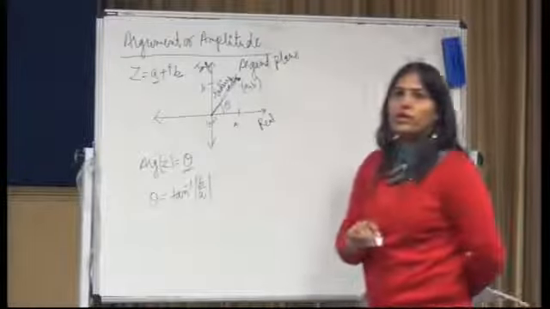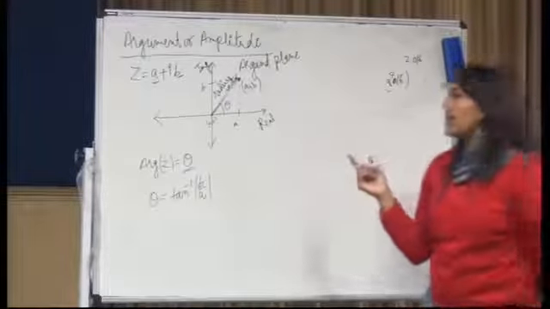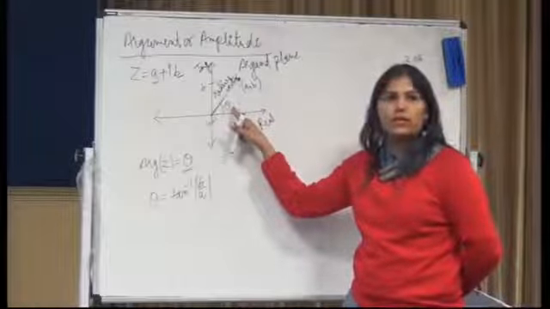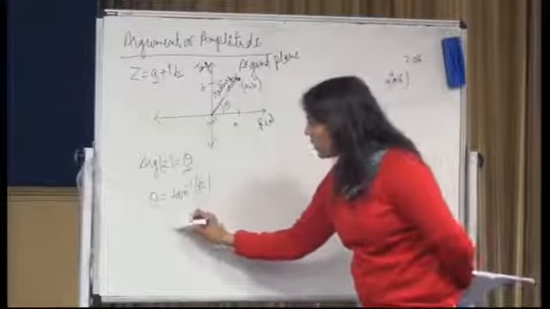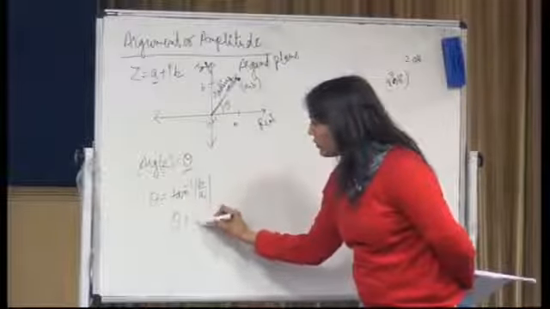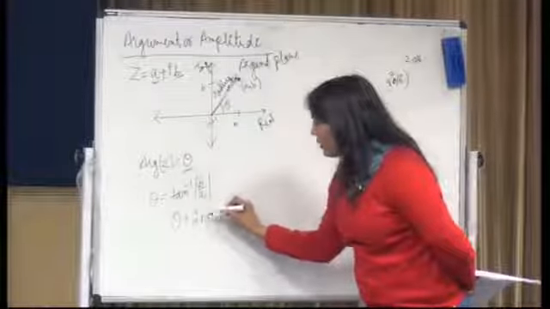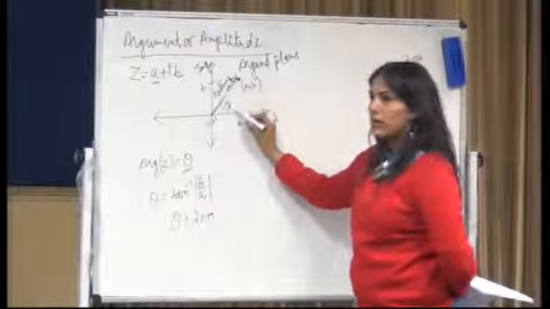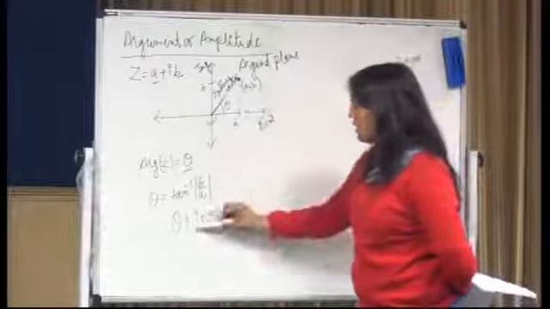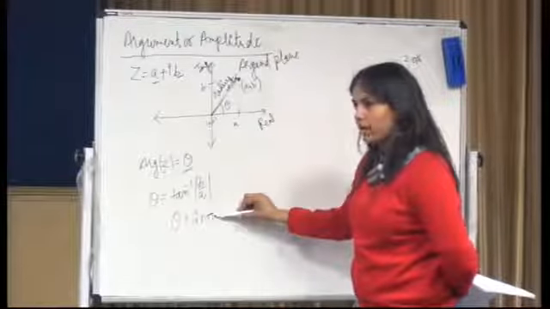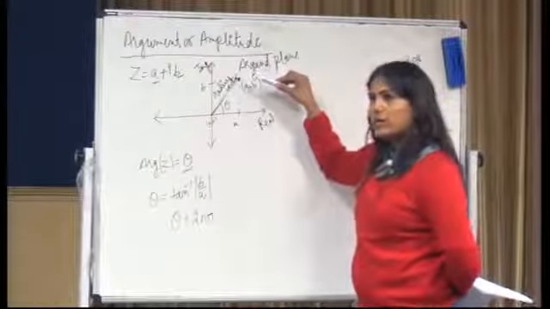Is it okay? Here the thing is that if theta is the argument of any point, it doesn't mean that we have only one argument. We have a number of arguments, because if theta is the argument and we add an even multiple of pi, then again you will get another angle.